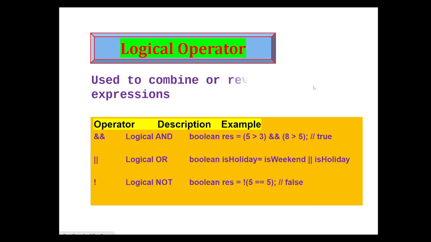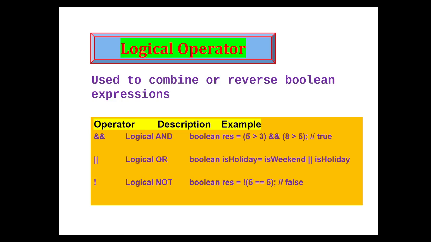Next is the logical operator. We can use it to combine or reverse Boolean expressions. For example, the first one is the logical AND, which we can use to club two conditions and check whether both are true. In that case only it will return true. The logical OR is one in which if either condition is met, the result will be true.